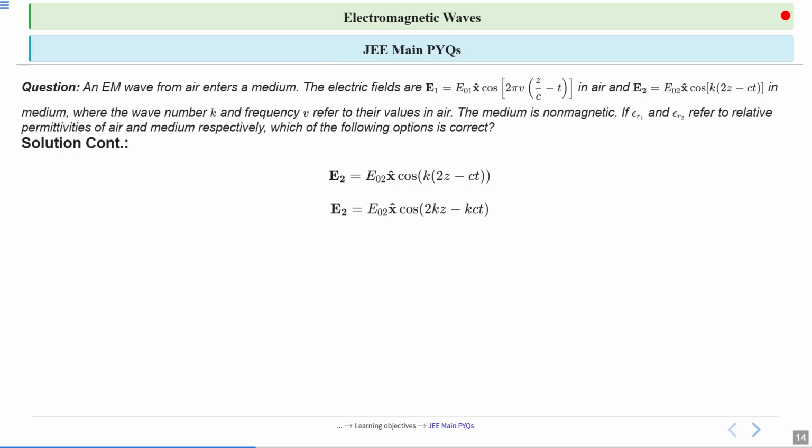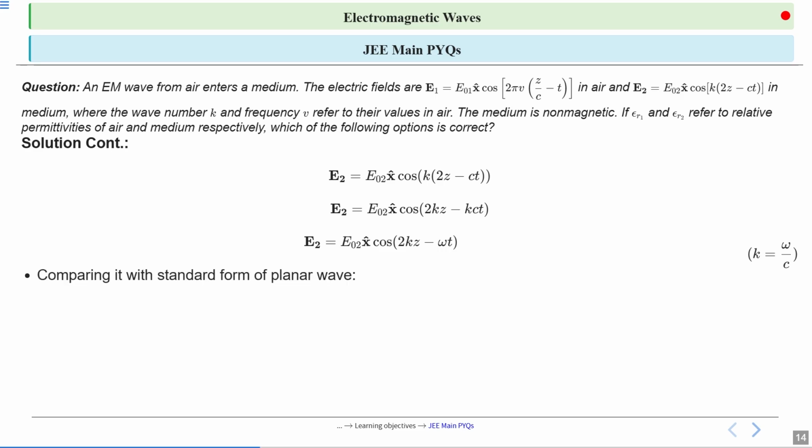So 2kz will remain as it is, and kct: since omega by c is equal to k, kc equals omega. So E2 will be equal to E naught 2 x cap cos (2kz minus omega t).